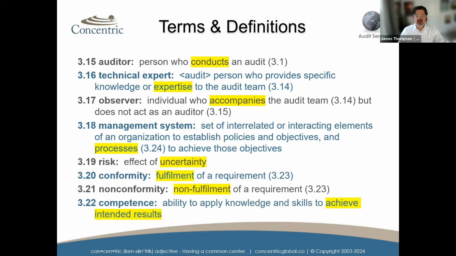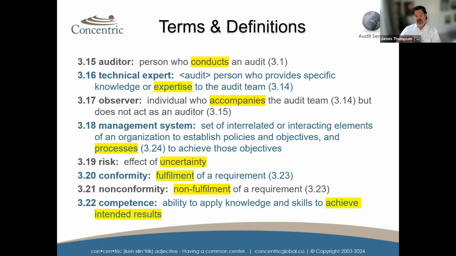Competence, this is the ability to apply knowledge and skills to achieve intended results. So for example, competency as it relates to auditing, which specifically in the automotive sector has been a big add-on to the latest automotive QMS standard, IATF 16949, auditor competency.